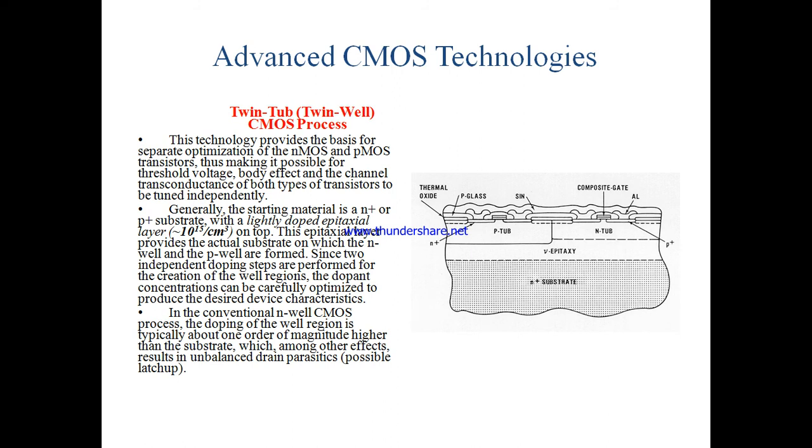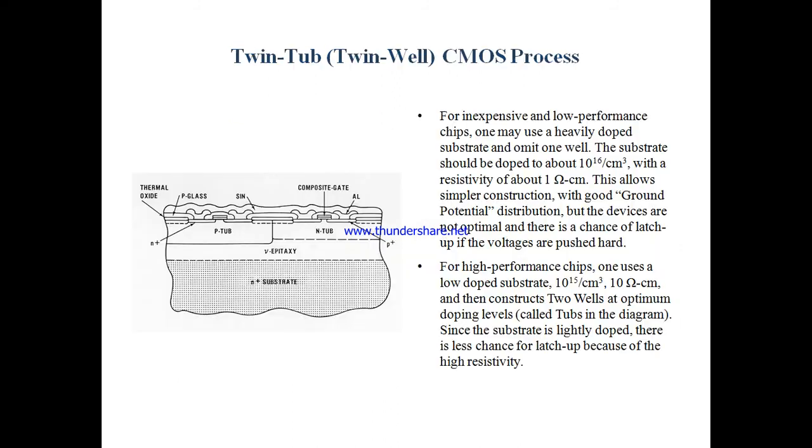In the conventional N-well CMOS process, the doping of the well region is typically about one order of magnitude higher than the substrate, which among other effects results in unbalanced drain parasitics. For inexpensive and low performance chips, one may use a heavily doped substrate and omit one well.